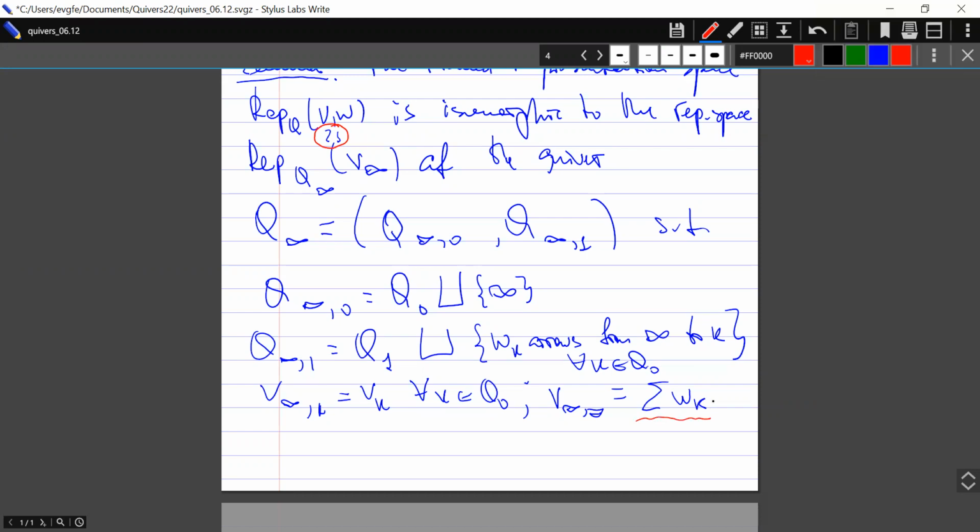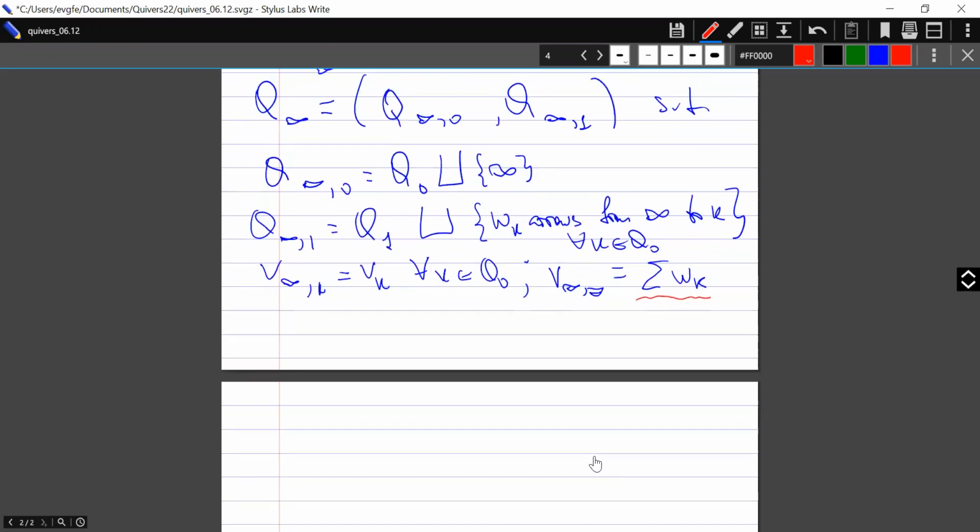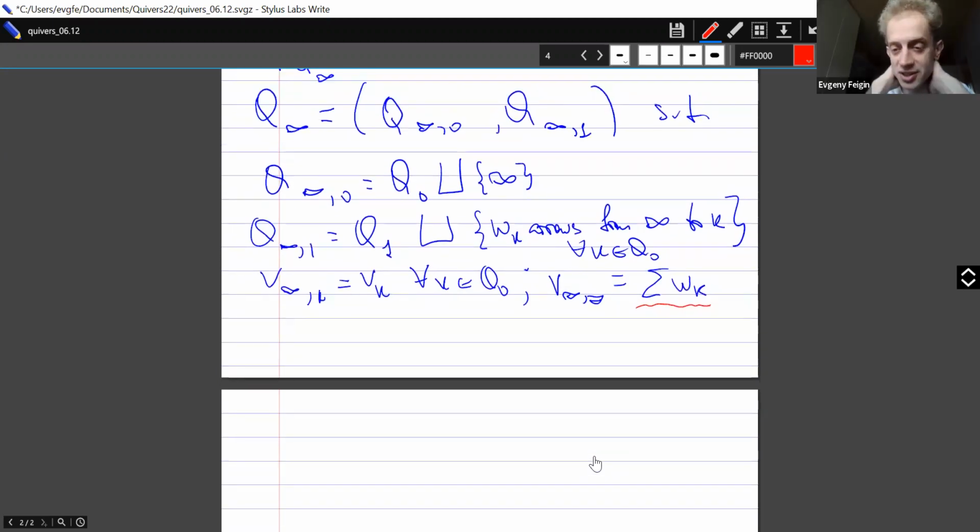Seems like not. It seems more like we had to add not one vertex, but one vertex for each WK. This is also possible, but maybe one vertex is enough.